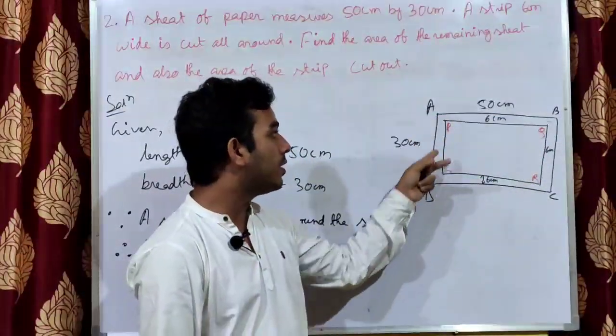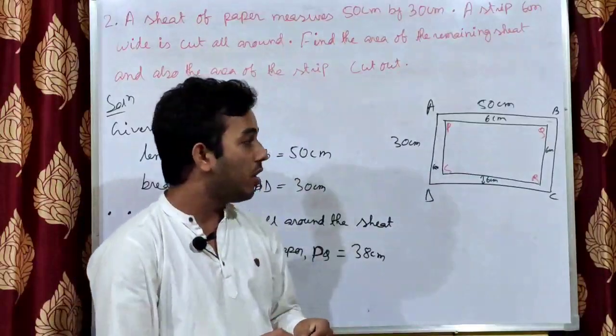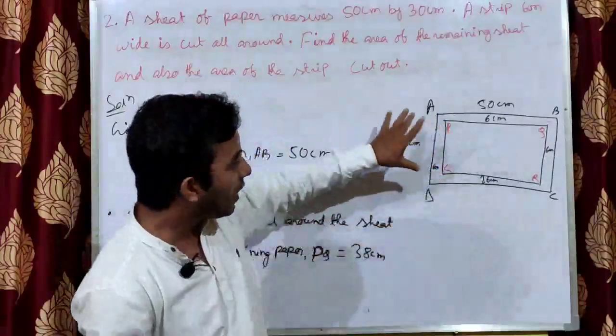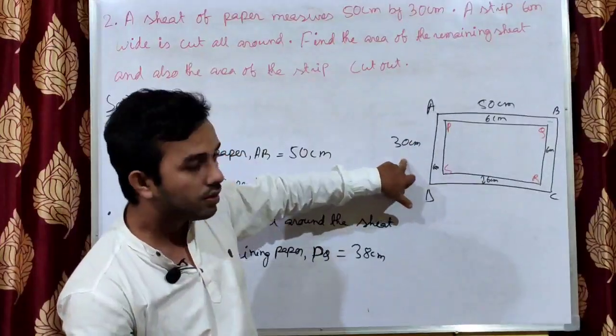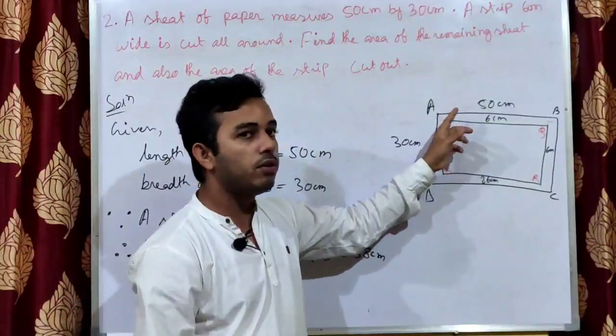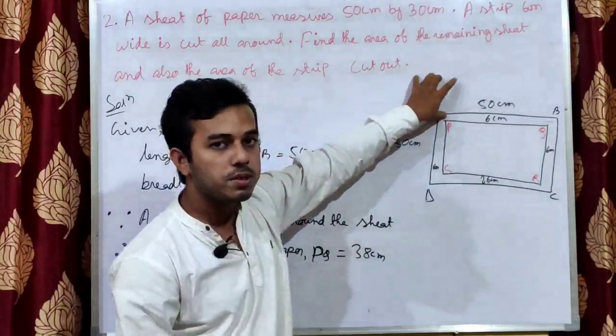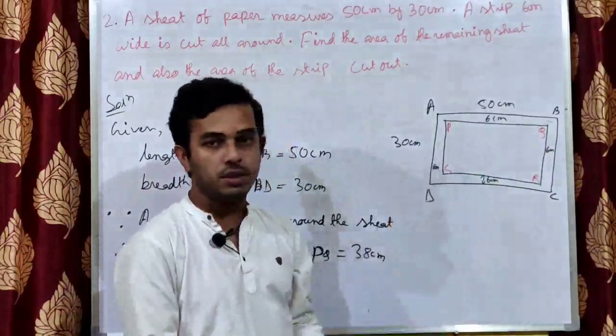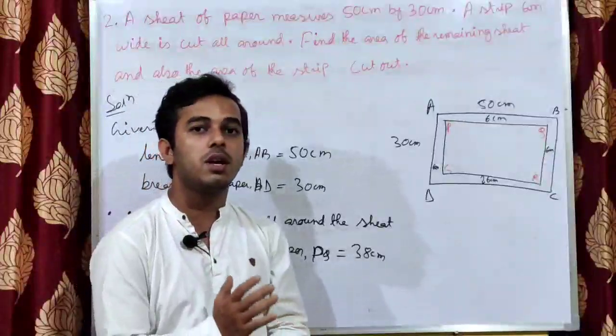Now this part, that is PS. For this we have to take reference of AD. Now AD is 30 centimeter. So PS will be 6 subtracted from this side, and from this side also we have to subtract 6. That is again here also we have to subtract 12.